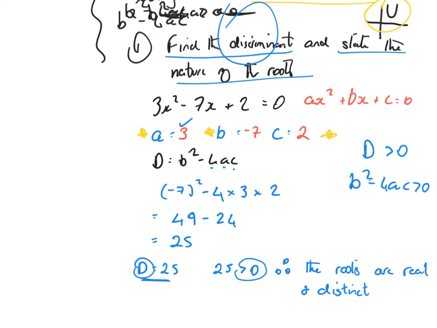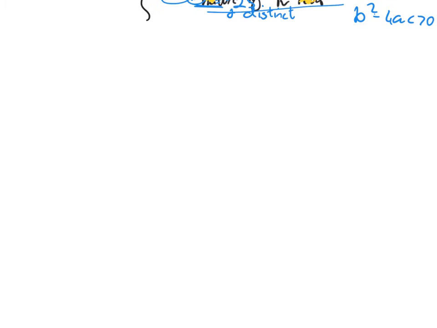Let's try an example 2. We're going to do the same again. We're going to calculate the discriminant and state the nature of the roots for 2x squared minus 3x plus 4 is equal to 0. And remember, we're thinking about this in the form ax squared plus bx plus c is equal to 0.